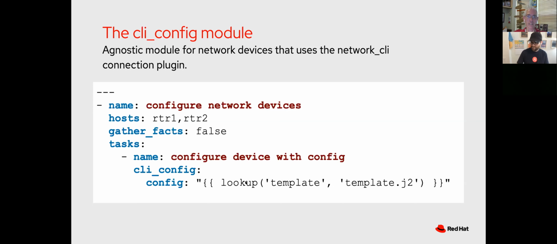This is an extension that Ansible provides, and it allows us to pull in information, in this case, through the template module. We're going to use the template and specify the template that we defined previously.